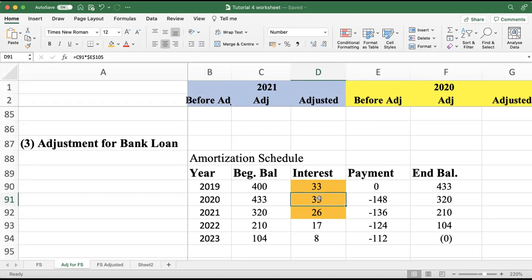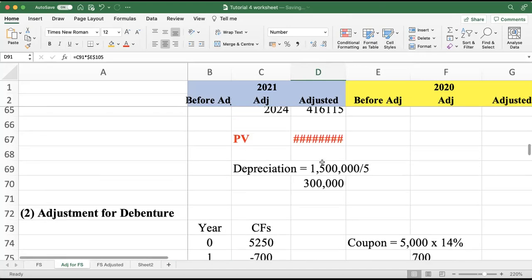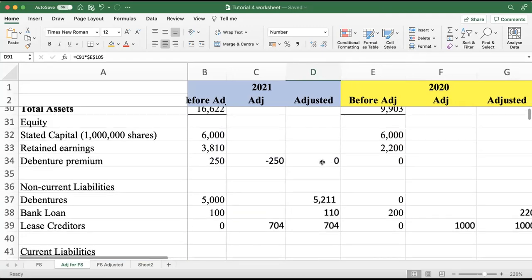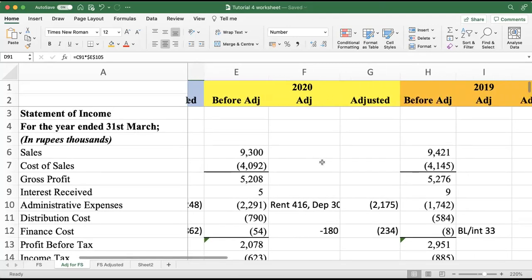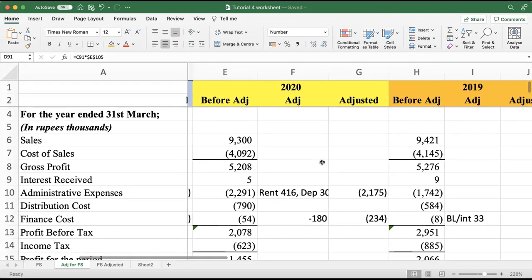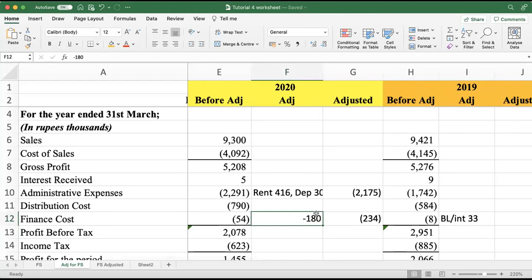So you remove 48 and take this 35. From the finance cost, you remove this 48 and take 35.